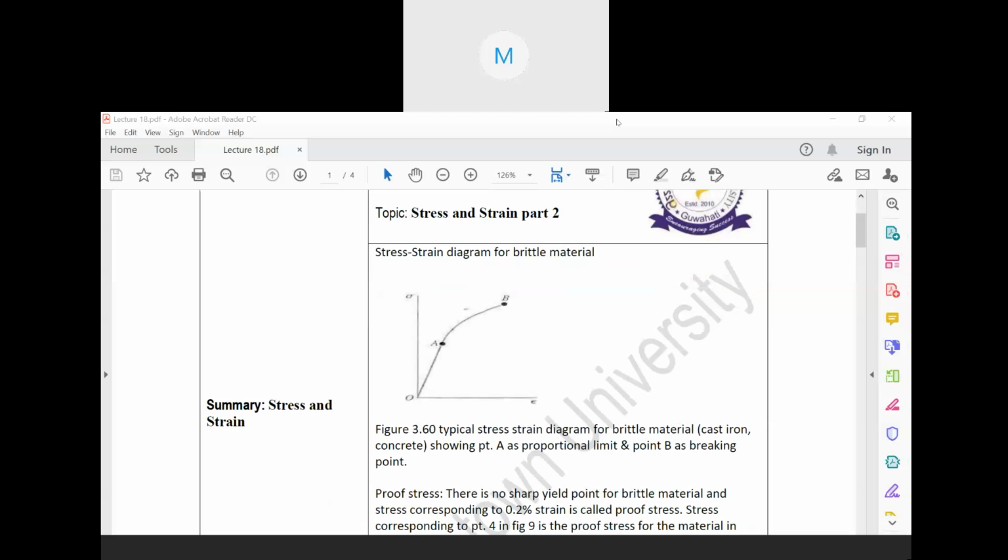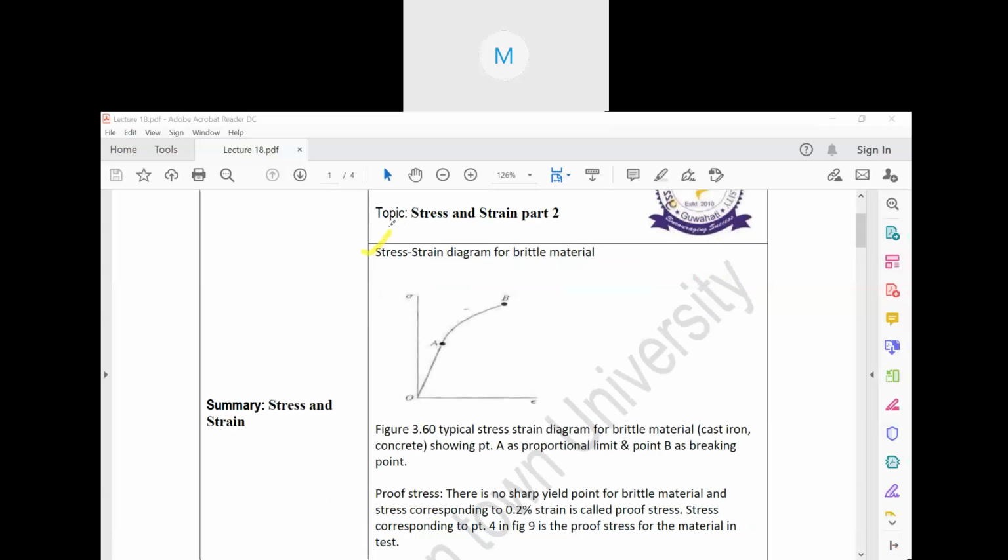First of all, the first diagram is this. This diagram is a stress strain diagram for brittle material.